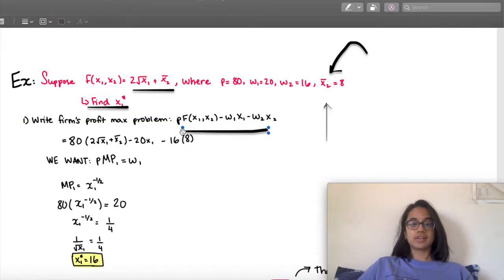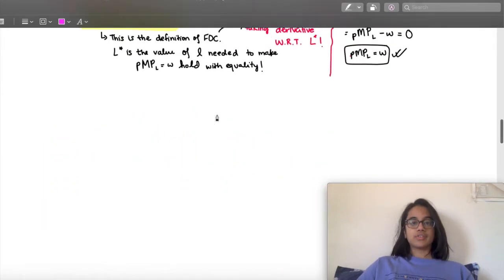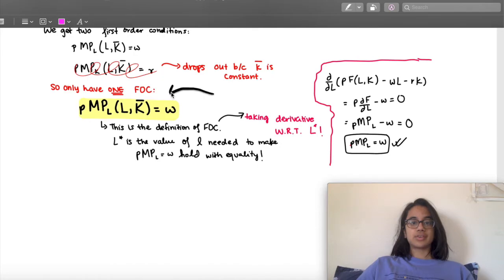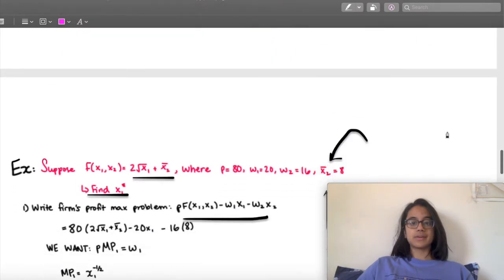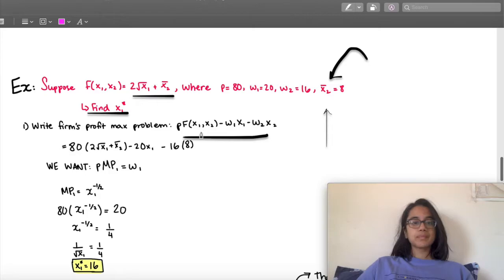Just going off of this, we plug it into this formula. We have 80, that's the price, and then the production function, which is already given, and then the wage times X1, and the wage times X2. These are all given, so that's great. And this one is what we're looking for. That would be our answer.